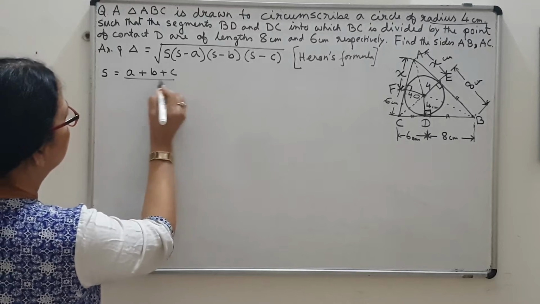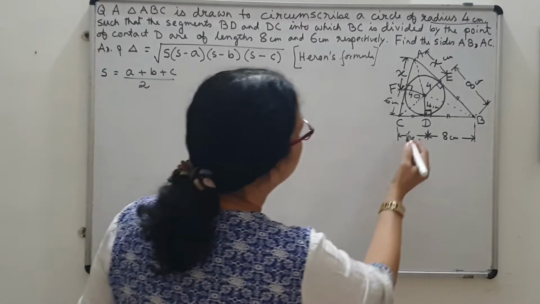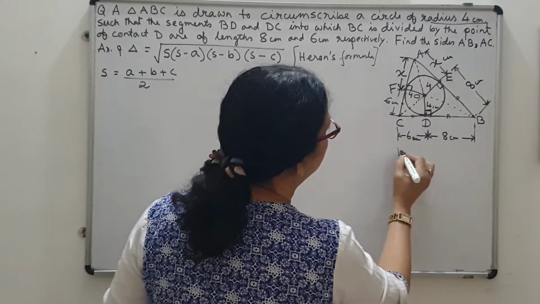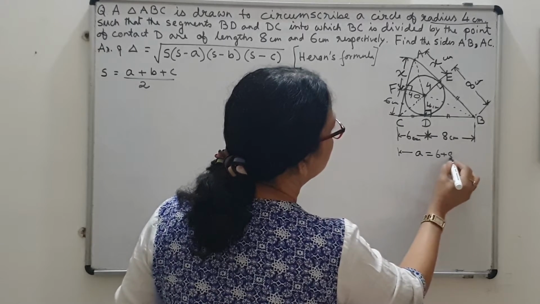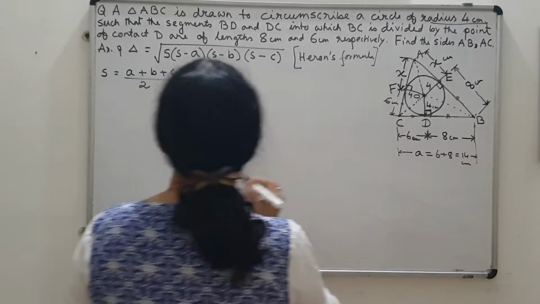Now let me find out the values of A, B and C. Side opposite to angle A we consider to be small a. So A is 6 plus 8, which is 14 centimeters.